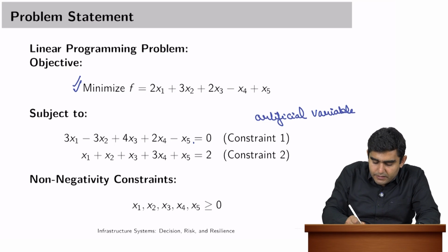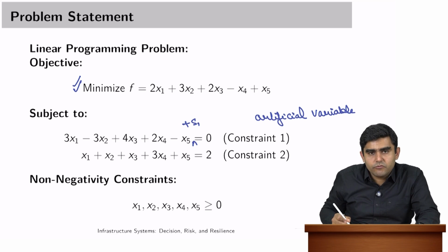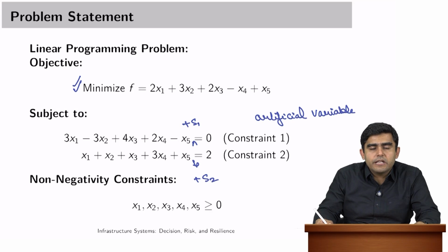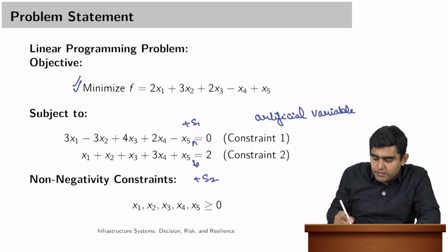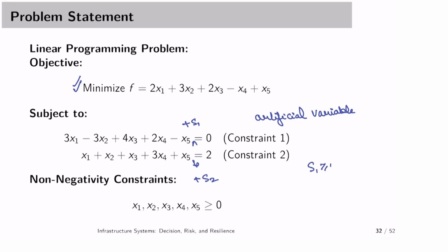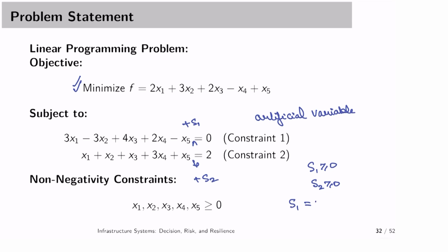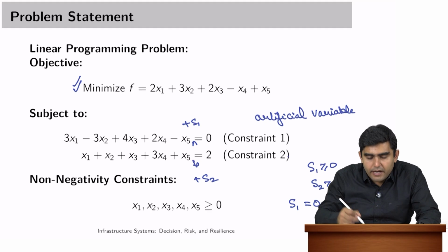For example, if I add certain term S1 here and certain term S2 here, what we were doing when we were dealing with less than equal to constraints, we were able to write that S1 should be greater than equal to 0 and S2 should be greater than equal to 0. However, when I am dealing with equality constraints, since I have artificially introduced S1 and S2 and they are not part of the original solution, S1 should be equal to 0 and S2 should be equal to 0. By doing this, I will have the canonical form.